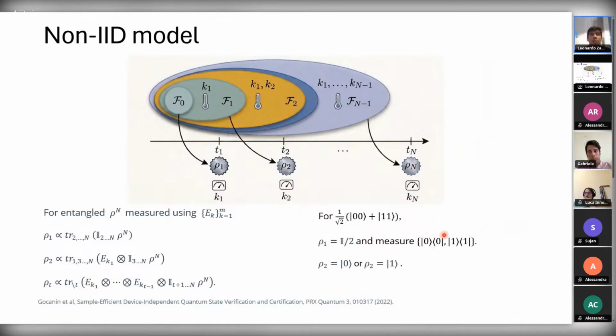What I'm trying to say is that imagine you have an adversary, and this adversary has a huge entangled state, and this adversary is feeding you with particles of this entangled state, not with copies.